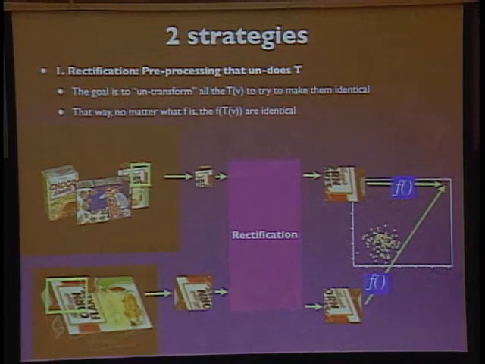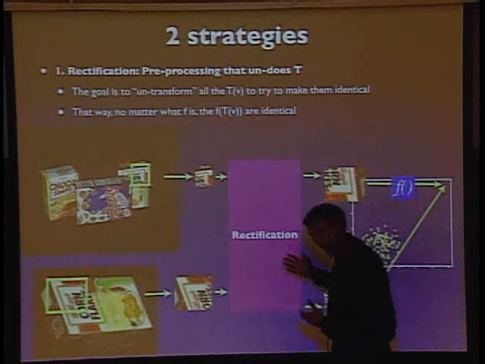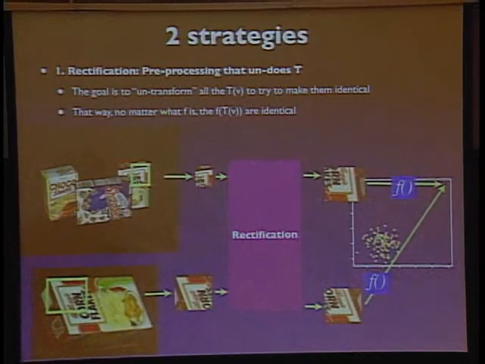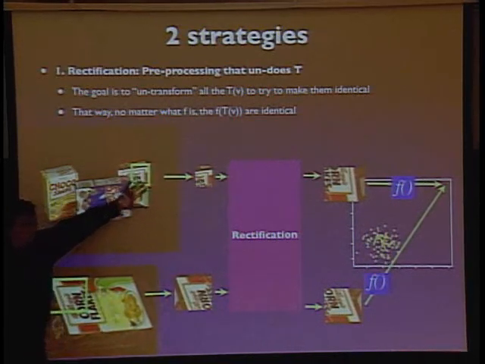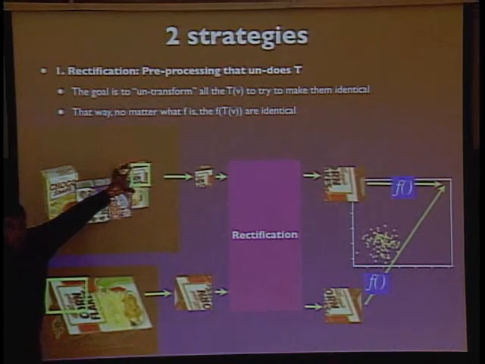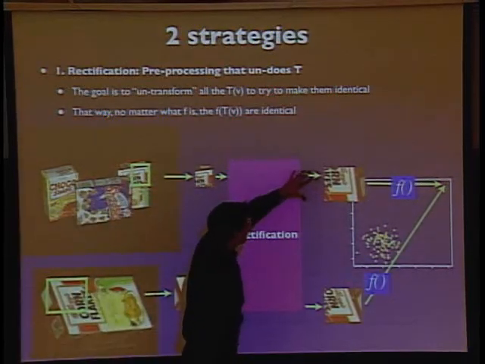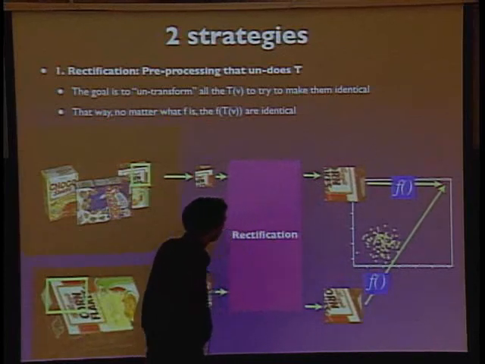And let's say you have a procedure or a black box, a purple box really, that rectifies the image patches so that no matter what the cornflake box looks like in terms of its orientation going in, this rectification box fixes it so that it's oriented in this direction.